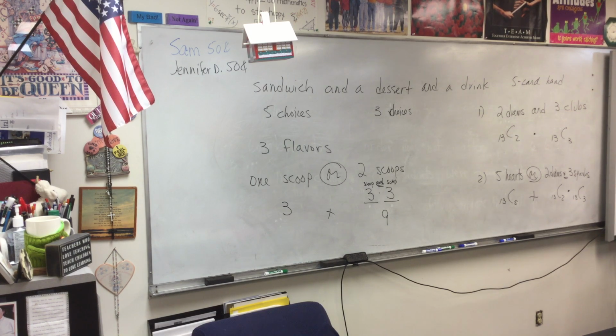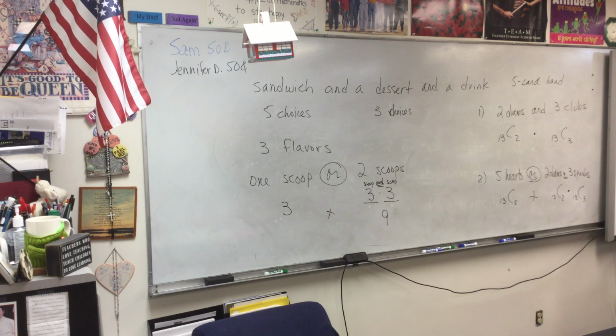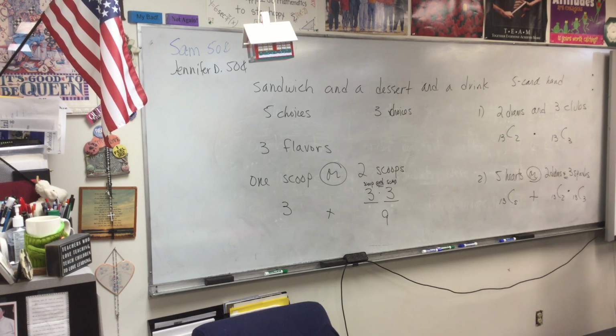Okay. Next question. How many ways can I arrange Julian's name? What did you start with? Julian. Did you start with 7 factorial? Yeah. And then what did you do? Divide by 2 factorial.